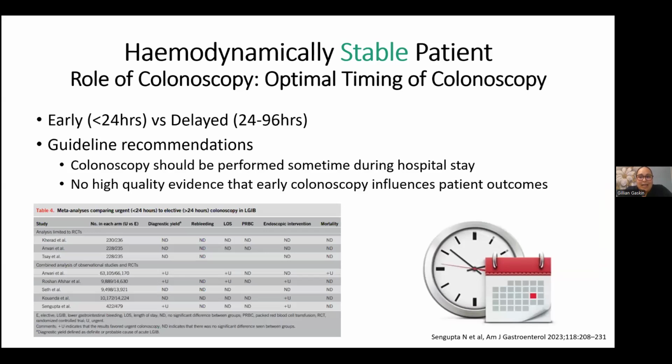So prior guidelines had conditionally recommended performing a colonoscopy within 24 hours for stable patients with high-risk clinical features, and this was based on non-randomized prospective studies that had shown endoscopic treatment significantly reduced the risk of rebleeding and need for emergency surgery, as well as hospital length of stay. But more recently, 2 randomized controlled trials have been published that have shown that early colonoscopy is not associated with an increased rate of detecting stigmata of recent hemorrhage or reduction in the risk of rebleeding.